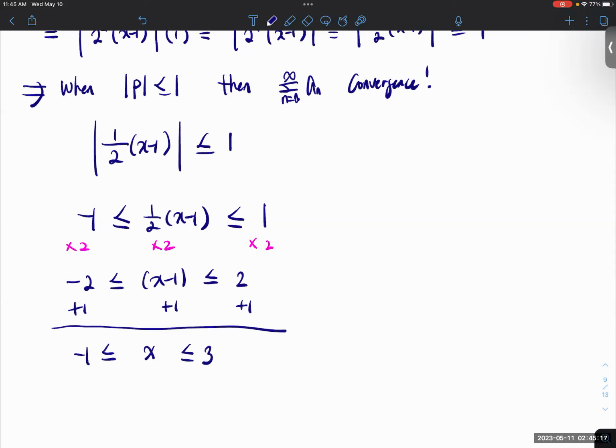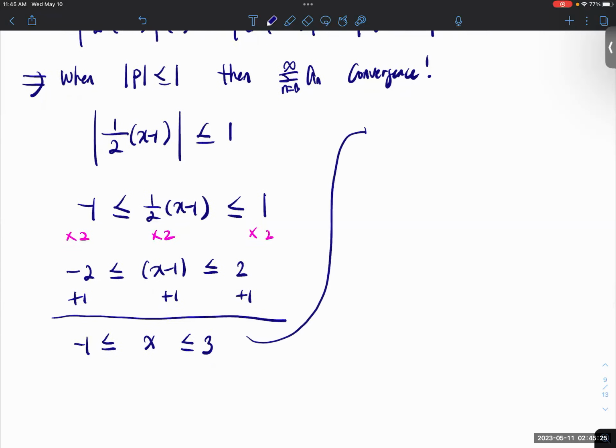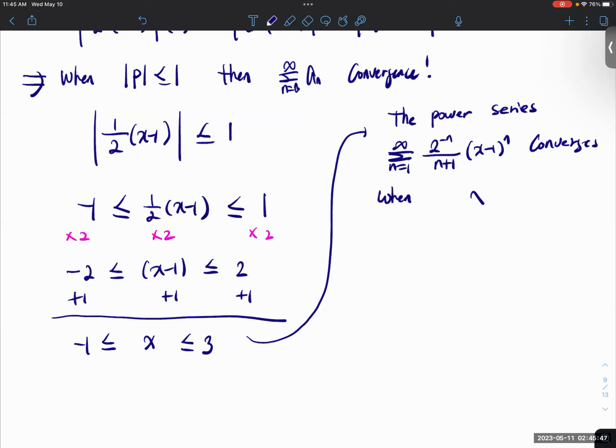So when x is between negative 1 and 3, the power series, the long one, 2 to the negative n over n plus 1 times (x minus 1) to the n, converges. That's kind of our final answer.